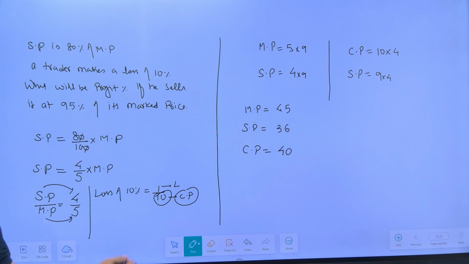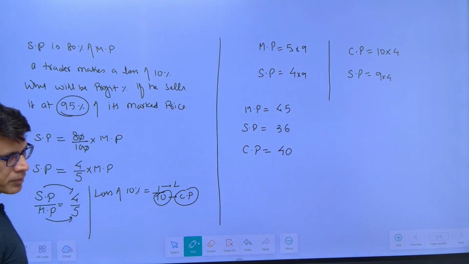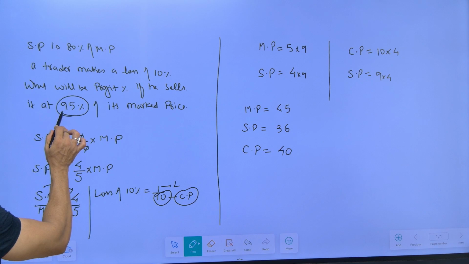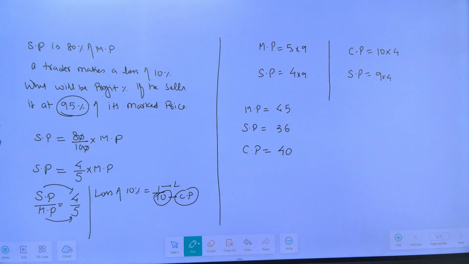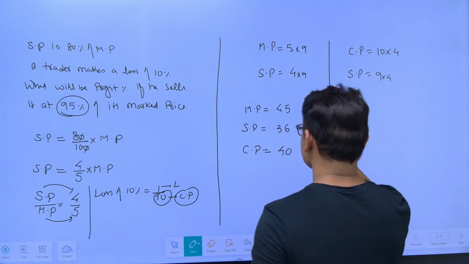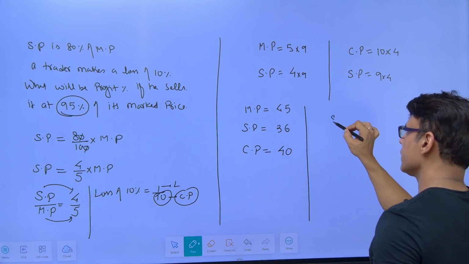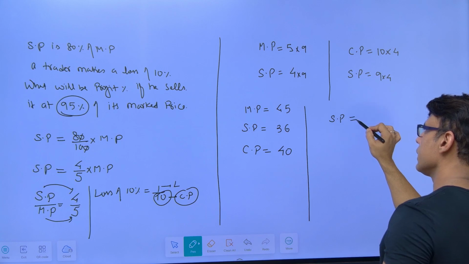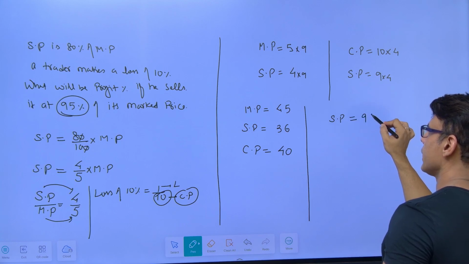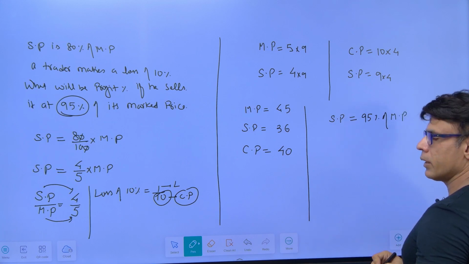Now the question is, if he sells it at 95% of mark price, that means if the selling price is equal to 95% of mark price, then how much will be the profit?